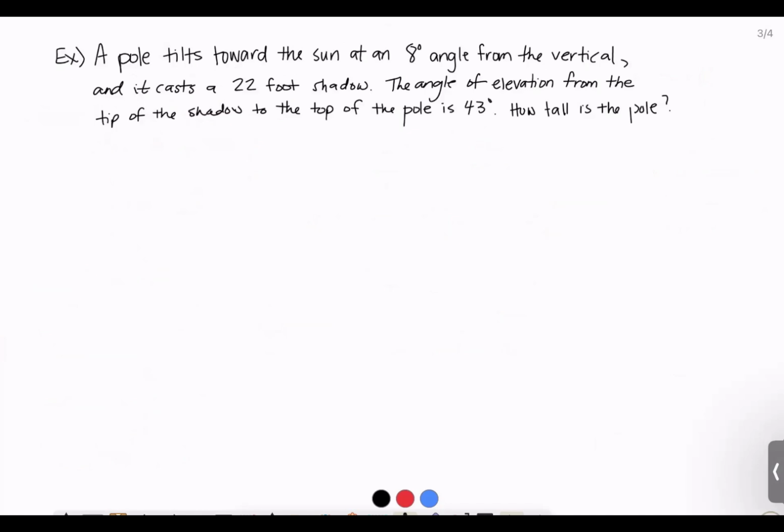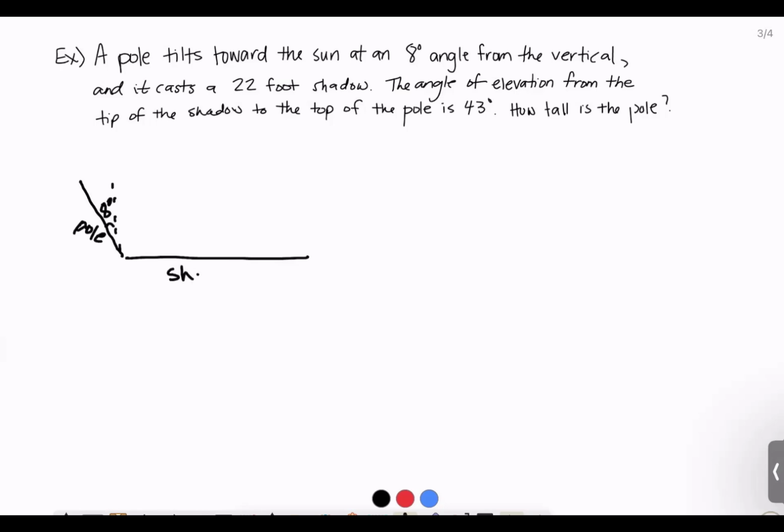Okay, let's do an application problem that uses law of sines. So here we've got a pole that is tilted towards the sun at an 8-degree angle from the vertical, and then it casts a shadow that's 22 feet. So I'm going to try to draw a picture of what this looks like. The tilt on that is 8 degrees.